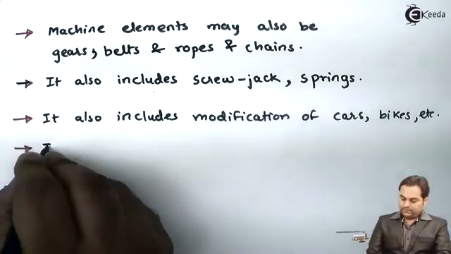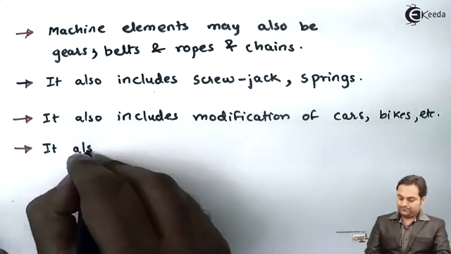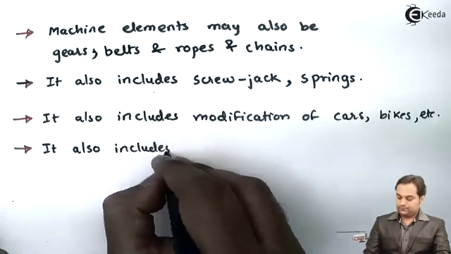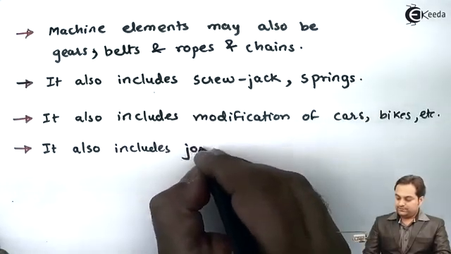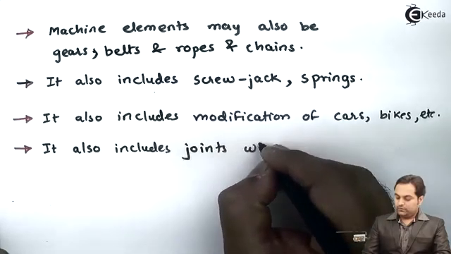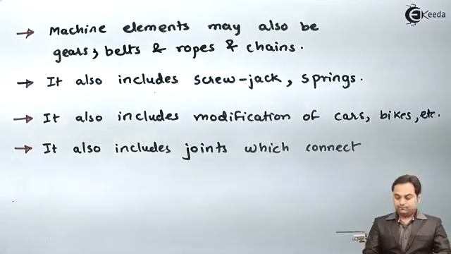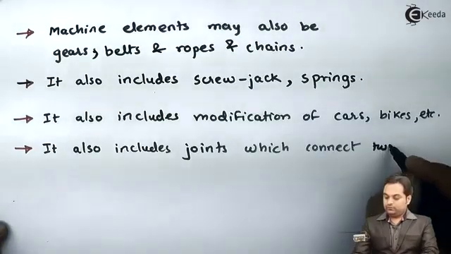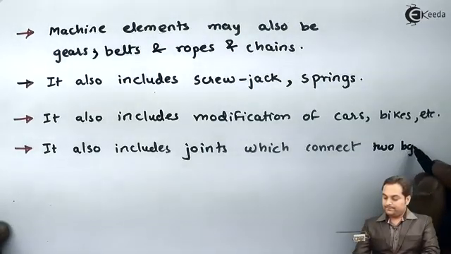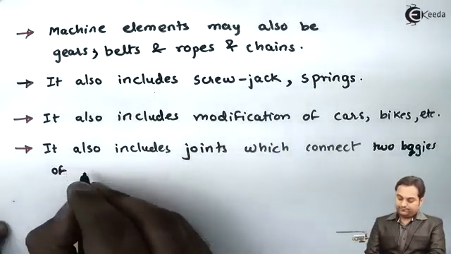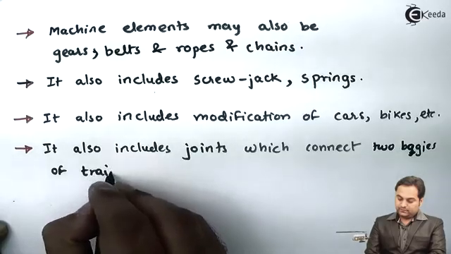Then it also includes joints which connect two bogies of trains.